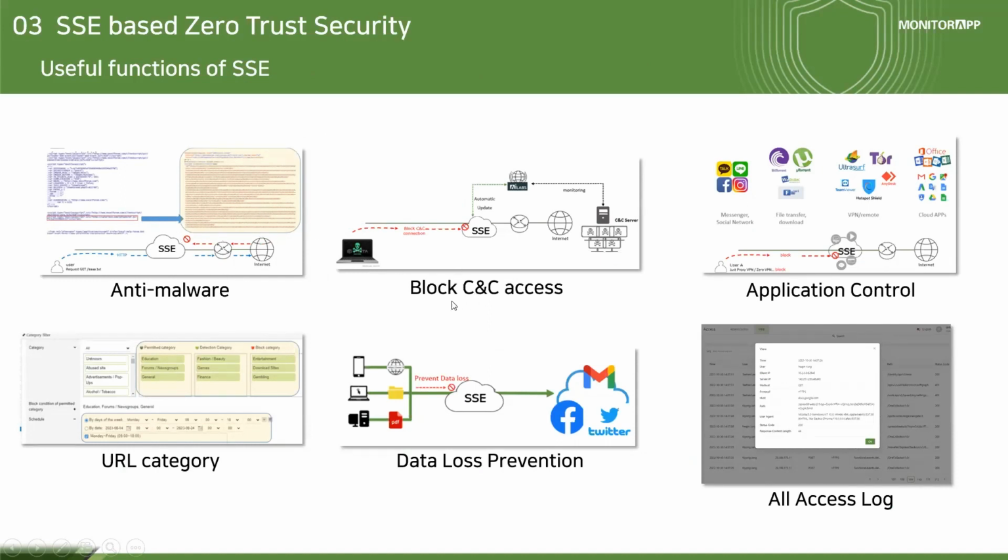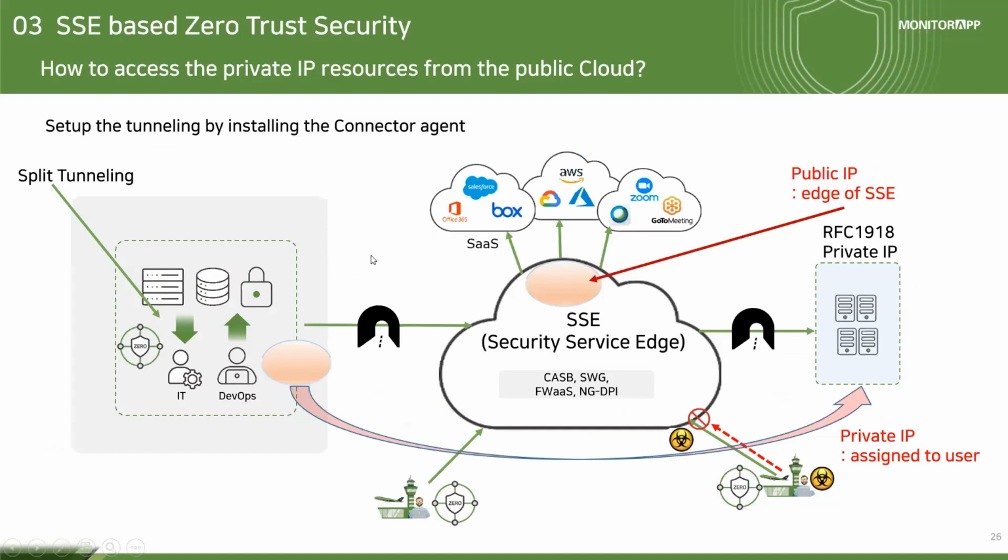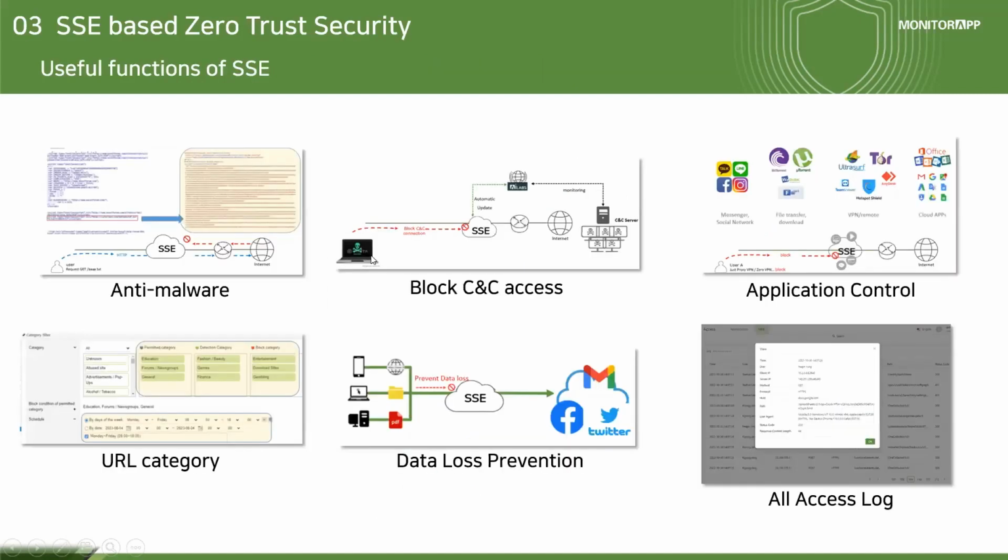And the second one is blocking C&C access. If the device has been compromised, the malicious content tries to access the C&C server to get control by the attacker. But the SSE platform is connected with threat intelligence in real time.